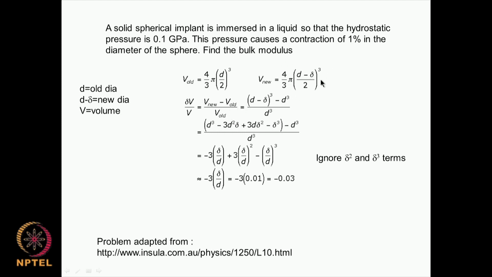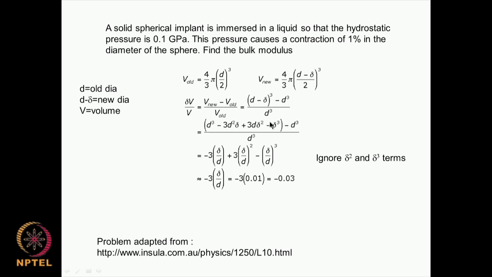So, we need to take this, subtract this, and divide it by V. When we do that, we get (d minus delta) cubed minus d cubed, divided by d cubed. All these 4 by 3 pi terms get cancelled. Expanding (d minus delta) cubed, as you must have studied in school, gives d cubed minus 3d squared delta plus 3d delta squared minus delta cubed, and there is a d cubed outside.